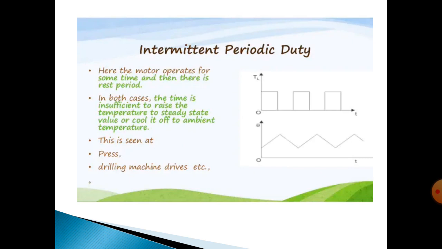That means neither the running period is long enough to raise the temperature to steady state, nor is the rest period long enough for the machine to cool off to ambient temperature. This is intermittent periodic duty. Its applications are pressing machines, cutting machines and drilling machines.